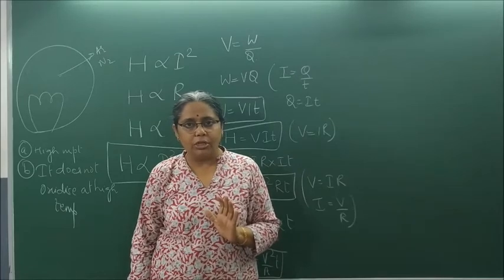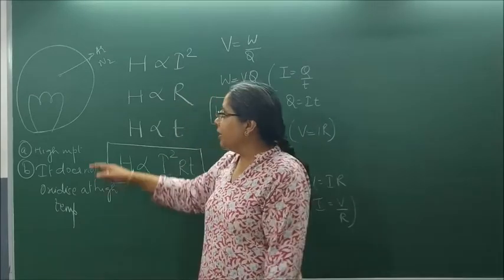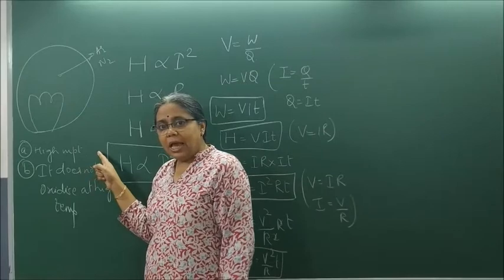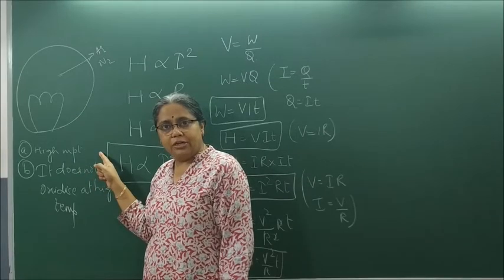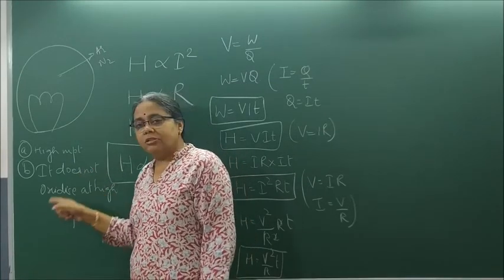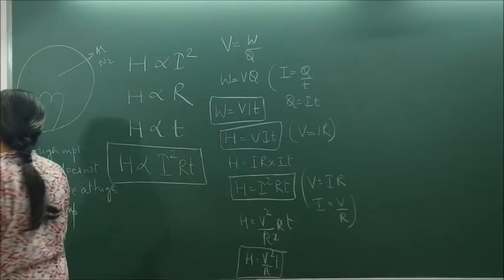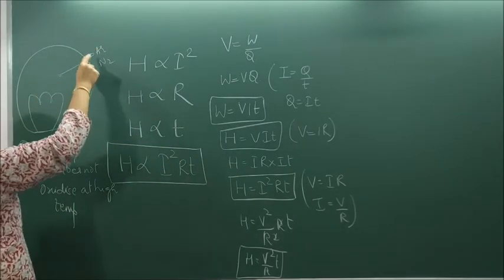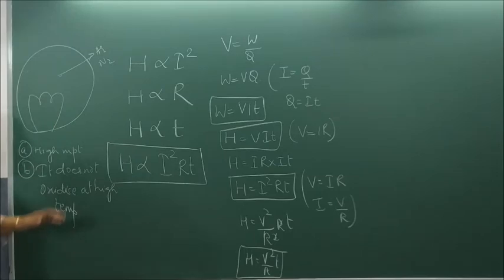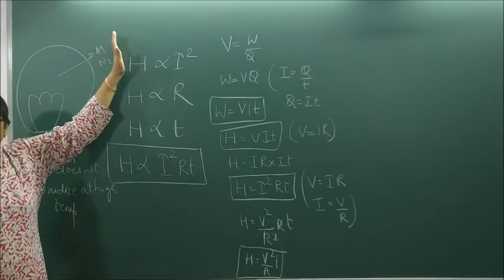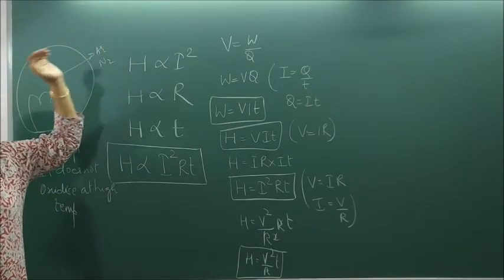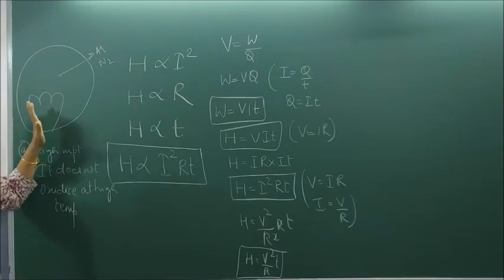Understood this? All the questions answered. Tungsten filament is used because it has a high melting point of 3380 degrees centigrade and it does not oxidize at high temperature. It is filled with argon or nitrogen gas because they are inert gases, and they increase the shelf life of the tungsten filament.